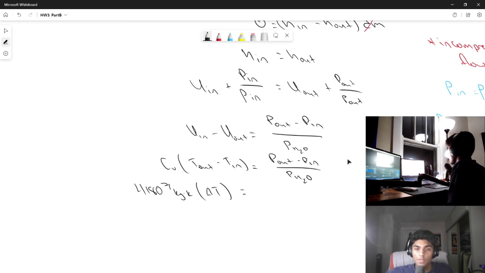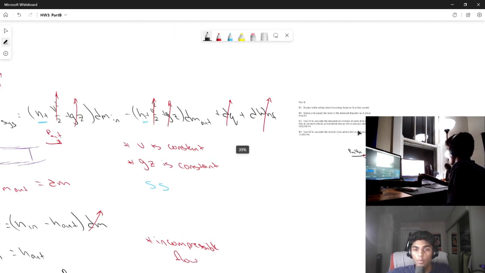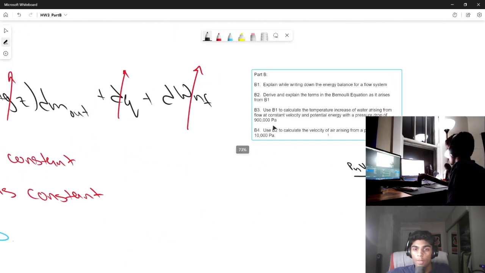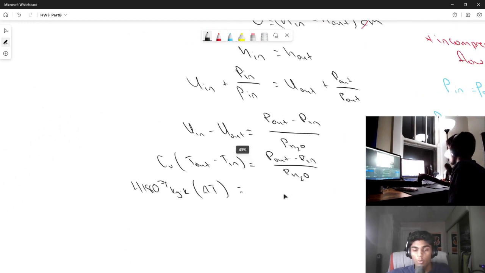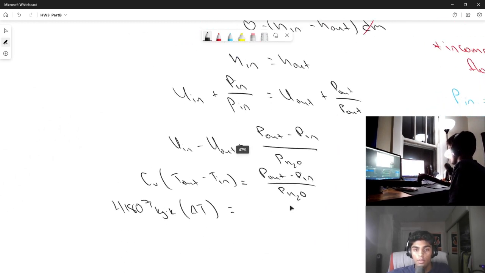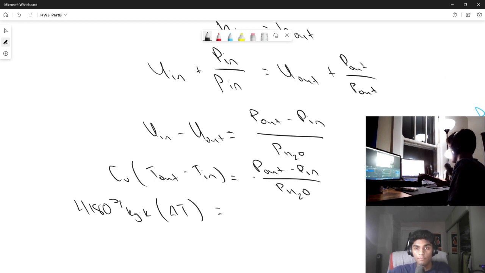Remember our pressure, we are undergoing a pressure drop of 9 times 10 to the 5th pascals. So our pressure out is going to be 0 here. Let's see.